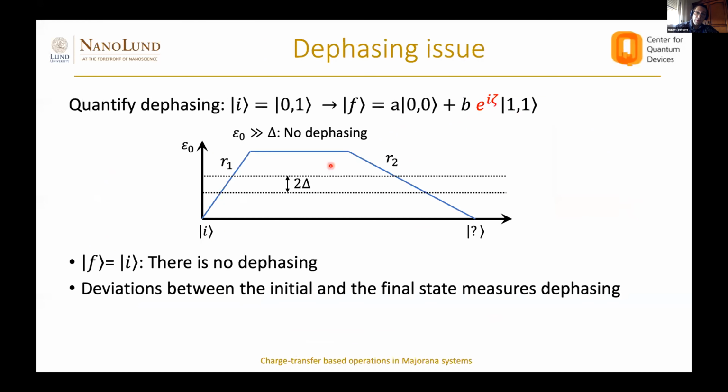In the first step, we ramp up the level at a given rate. And then after some time, we ramp up the level at a totally different rate. So if the initial and the final state are similar, it means that there is no accumulated dynamical phase. And actually, the difference between the initial and the final state might be used to quantify the accumulation of these dynamical phases in the system.